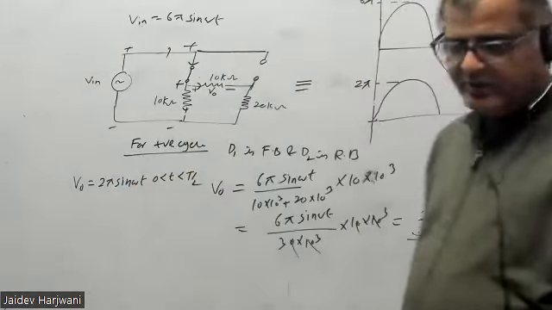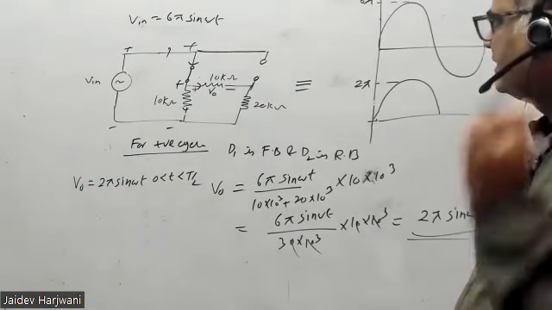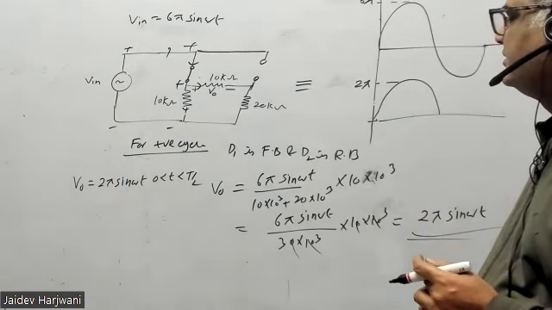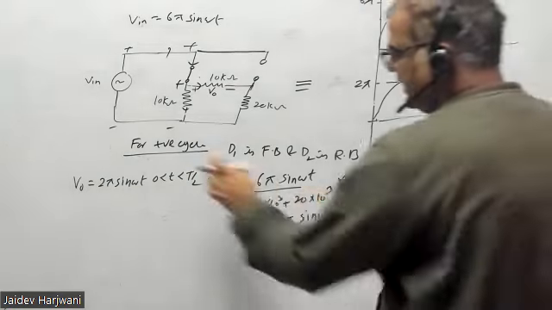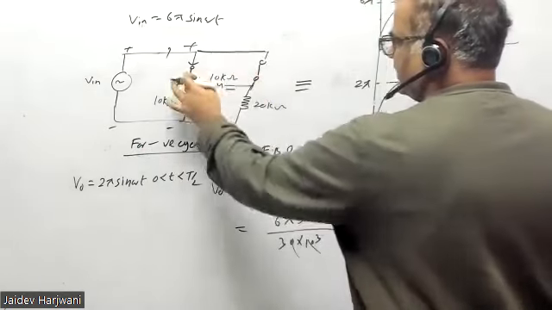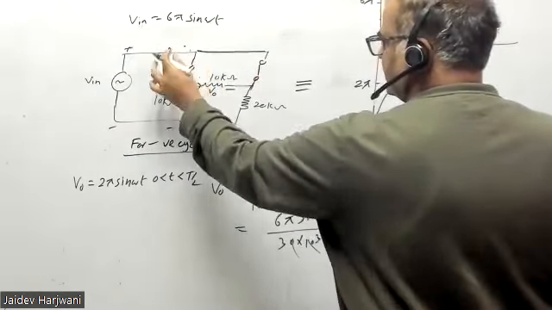Okay, do it for the negative cycle and tell me what will happen. Negative cycle: which diode is forward biased, which is reverse biased? So for the negative cycle, this is forward biased and this is reverse biased. This becomes open.